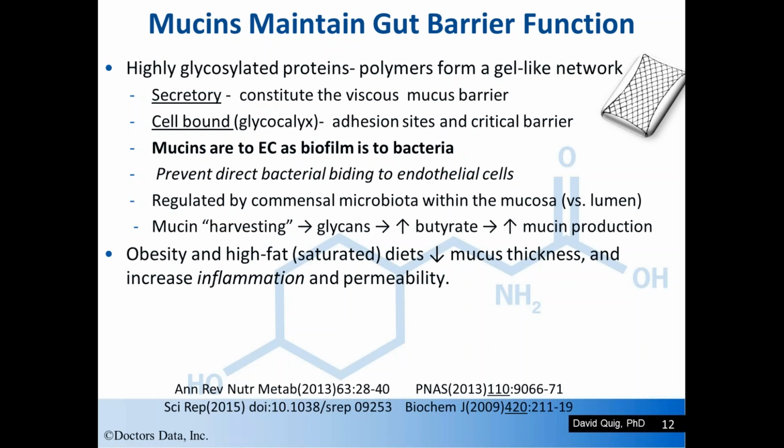I emphasize gel-like because we not only have these cross-linked polymers, but due to the high glycan content of these glycosylated proteins, these nets attract a lot of water. So it's a viscous, pillowy-like network that has physioelastic properties.